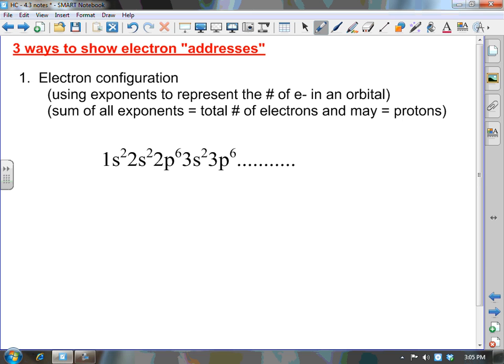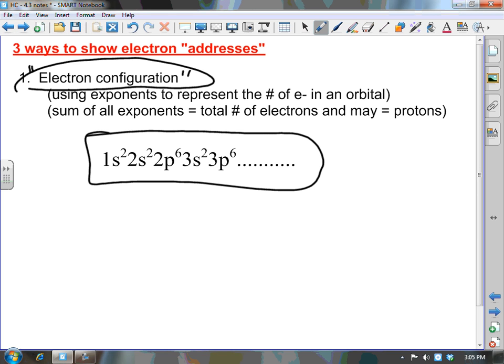Whenever we say electron configuration, we have a format where we write names, letters and numbers, and then exponents on those letters and numbers correspond to how many electrons are in that particular atom. The sum of all the exponents should equal the total number of electrons, which may or may not equal protons. So if you see it written in this format, we know we're talking about writing it the electron configuration way.